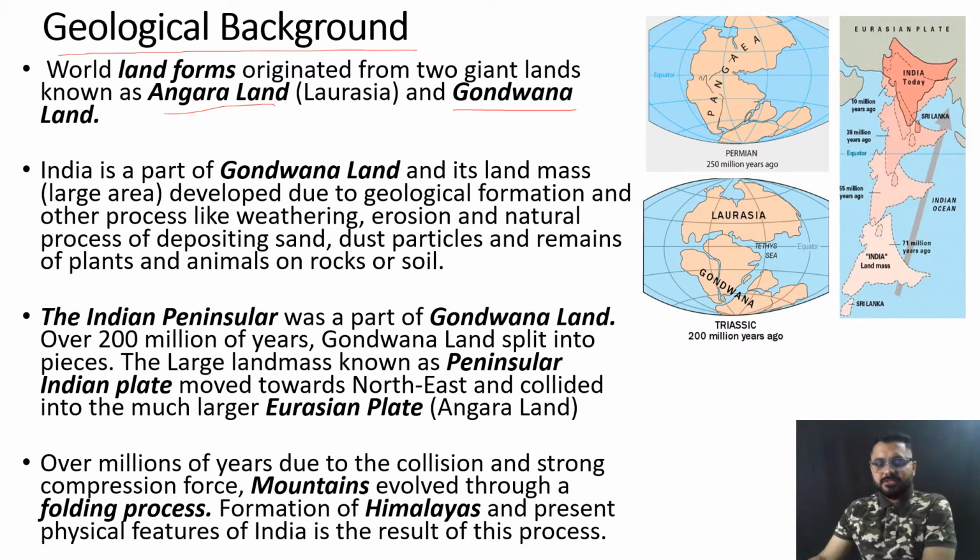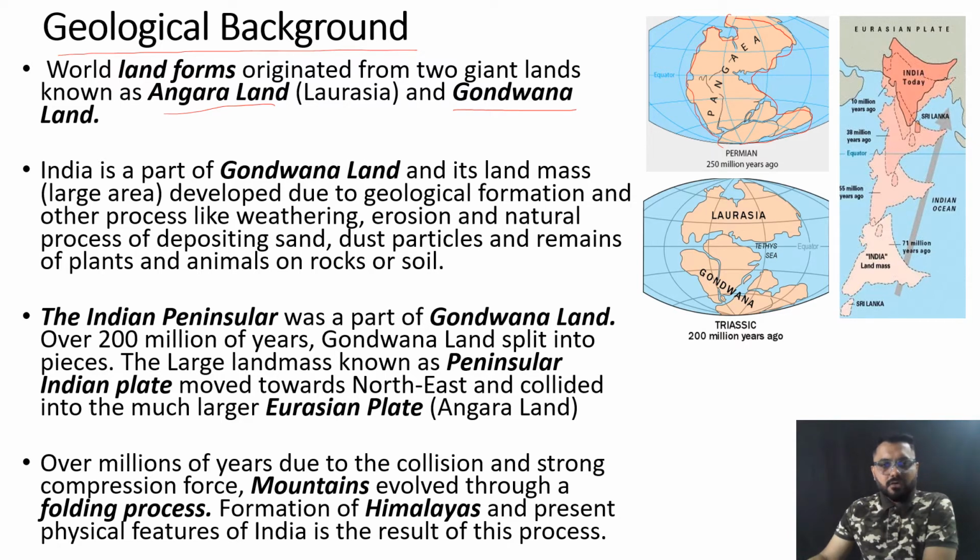So here in the picture you can see that almost 250 million years ago, the entire world was a single continent called Pangaea. Entire world was a single continent called Pangaea. So later what happened? Let us see.